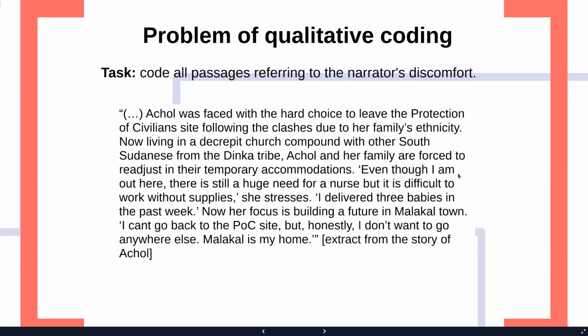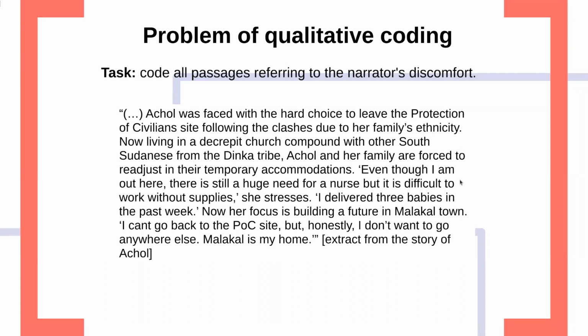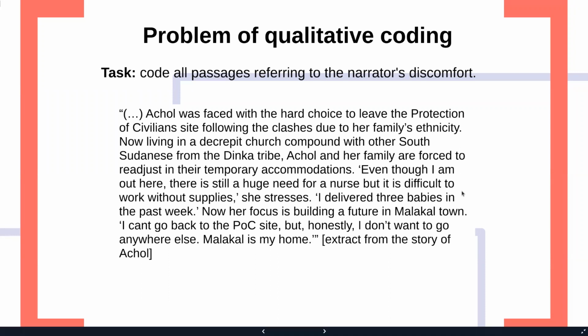"Even though I am out here, there is still a huge need for a nurse, but it's difficult to work without supplies." She's stressed. "I delivered 3 babies in the past week." Now her focus is building a future in Malakal town. "I can't go back to the protection of civilian side, but honestly, I don't want to go anywhere else.